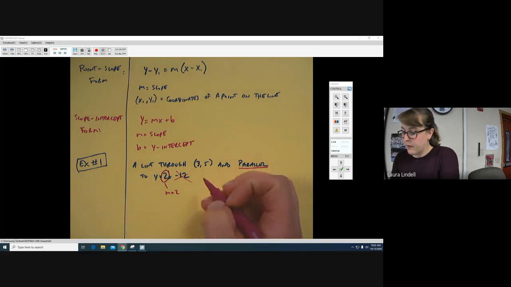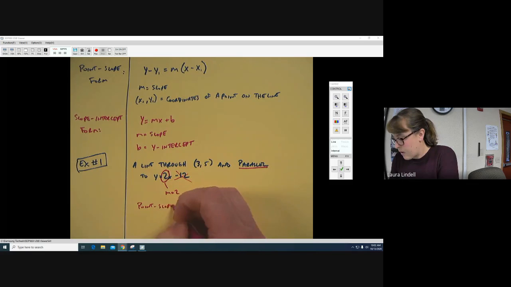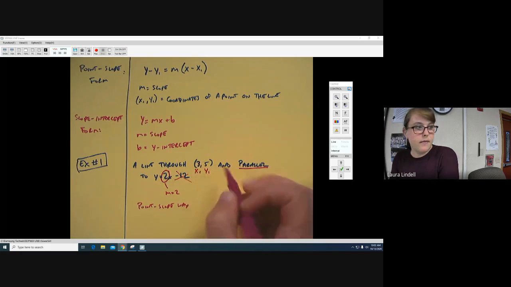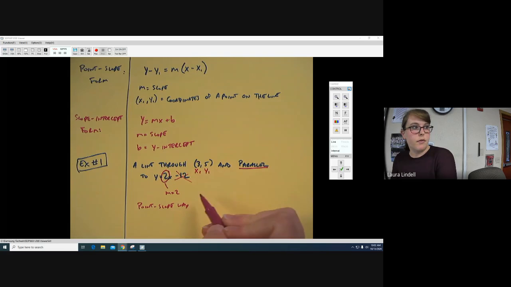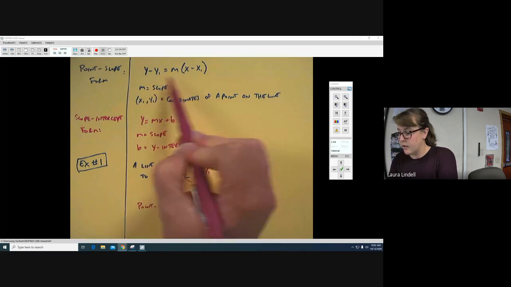And then if I'm doing things the point slope way, then I need x1 and y1 to be this point that we're going through. So we have our slope, we have our x1, and we have our y1. And now all I have to do is plug those things in to this equation here.